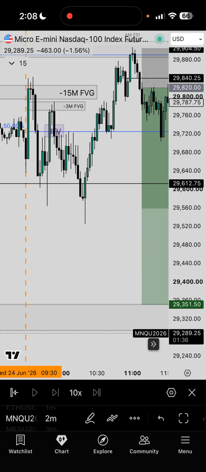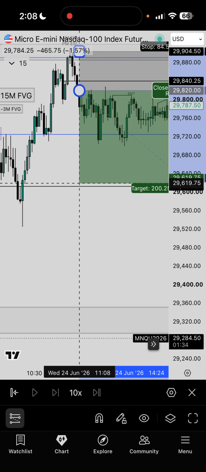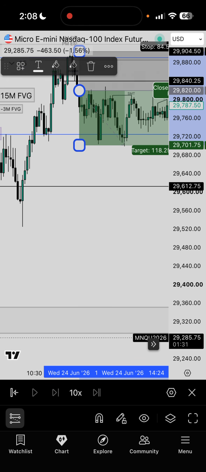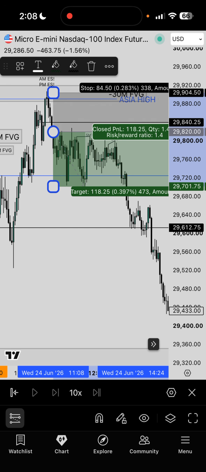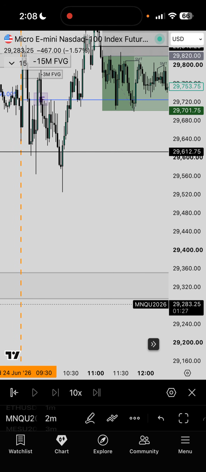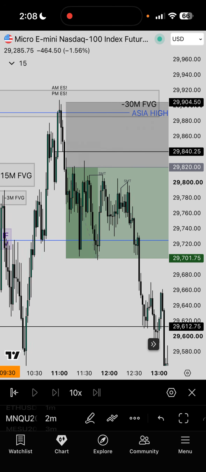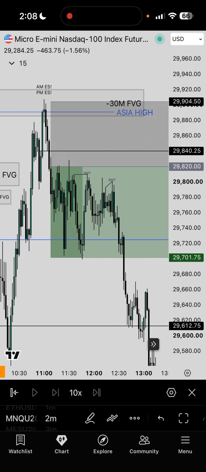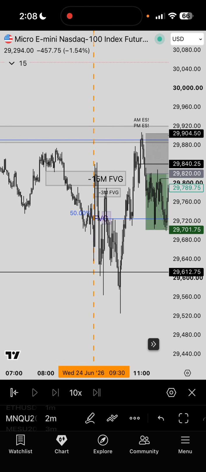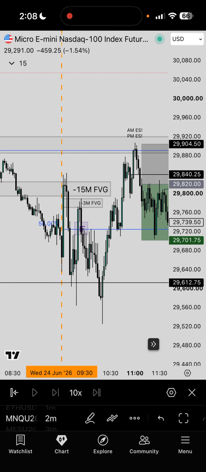Let me see where the 1-to-1 is. Is that here? No. Is that here? Yeah, that's here. 1-to-1. Beautiful trade. And yeah, that's the trade of the day, plus a trade recap. So I hope you guys enjoyed it.